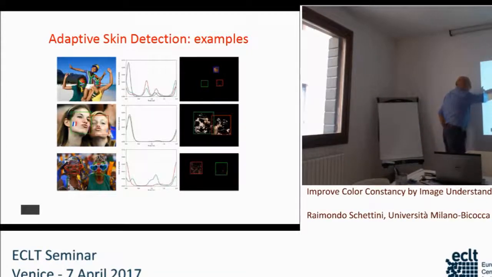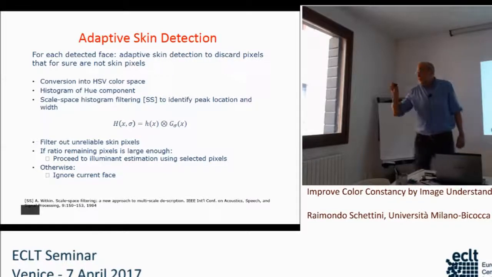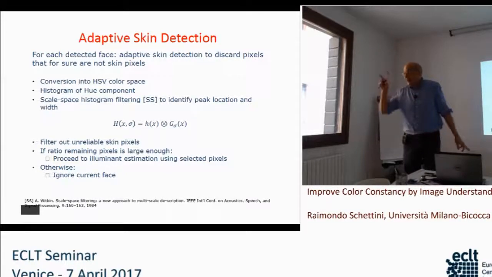This is our real face, and this is the skin mask we detect. How do we detect them? We made a simple assumption: the largest cluster in the face area is due to skin.